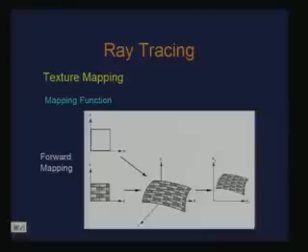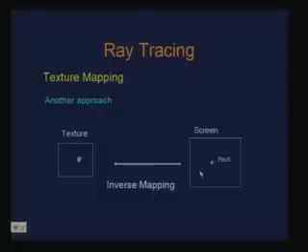Now there could be another way to look at the process, where I see it in just the inverse order. That is, I have the screen, I have a pixel here, and I try to look at the pre-image of this pixel onto the texture.